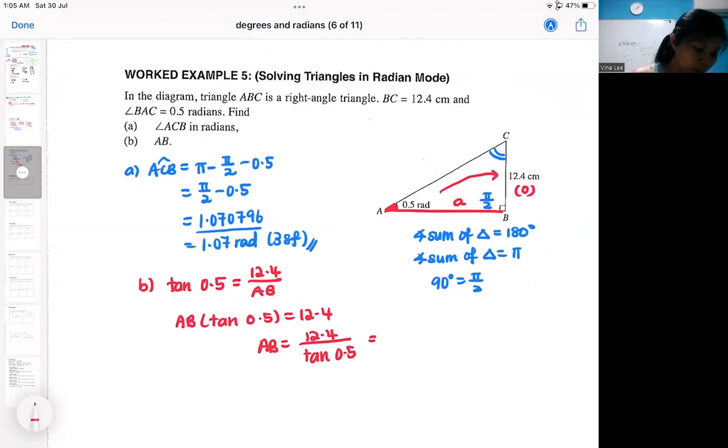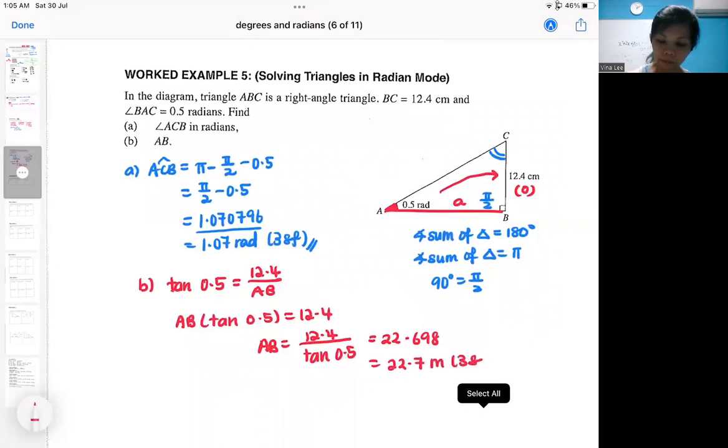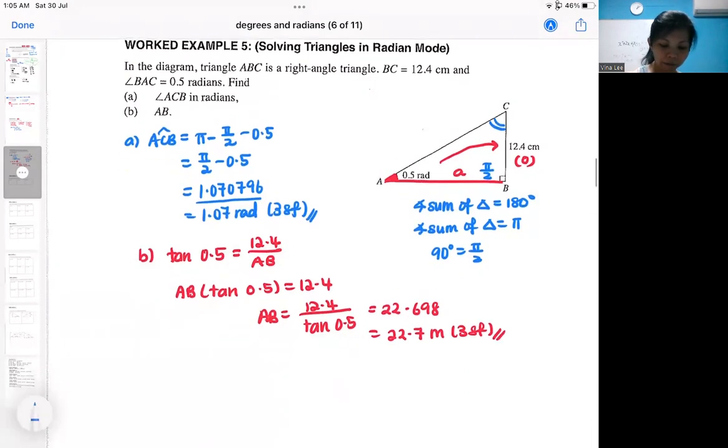Okay, I forgot to switch mode, so the answer turns out very weird, a very huge number. So here you get 22.698, which is 22.7. If you try punching it in the wrong mode, you can just give it a try. If you punch it in degree mode, okay, just now I did that, it treats the 0.5 as 0.5 degree.